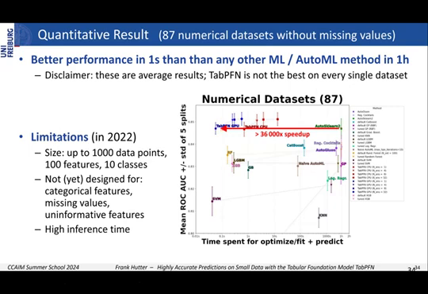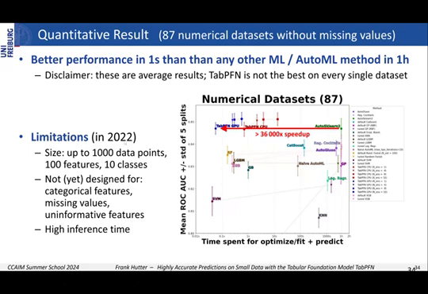That was the best on these 87 data sets. If you don't have a GPU, it's only 3,600 times faster. So this is like 1 second here, and this is 1 hour, and this is 0.1 seconds. And also it dominated all of the AutoGluon, CatBoost, etc.